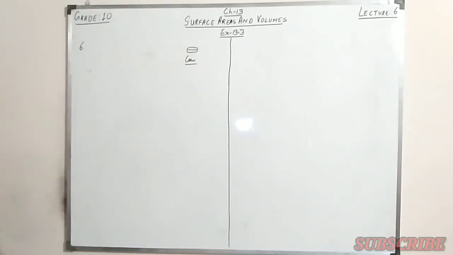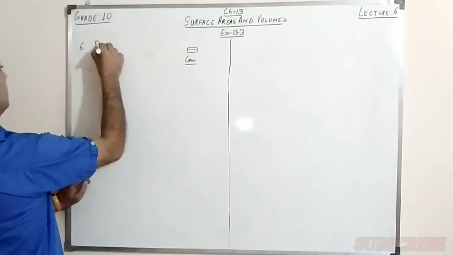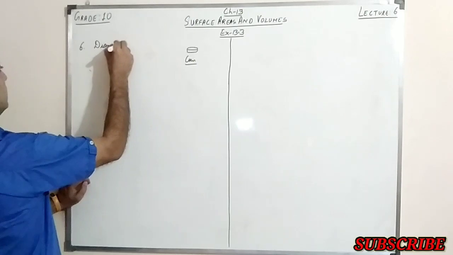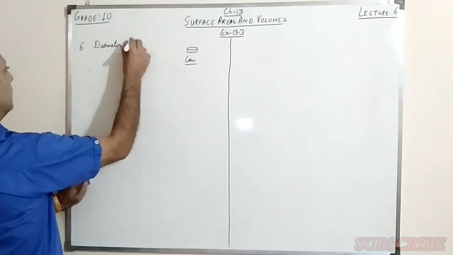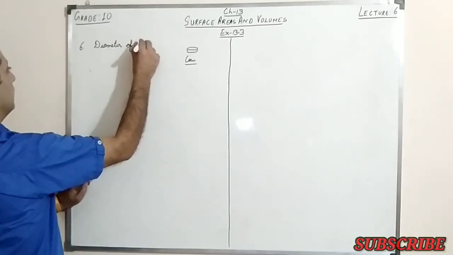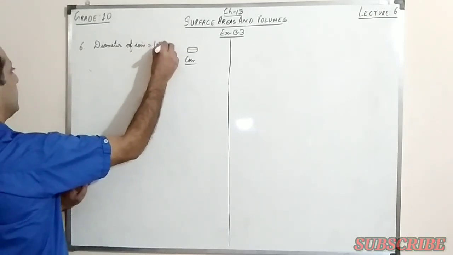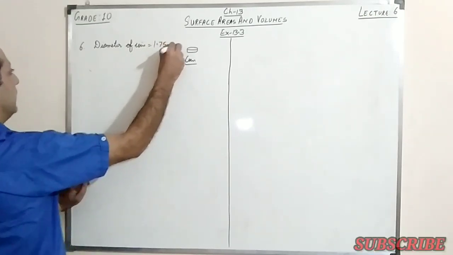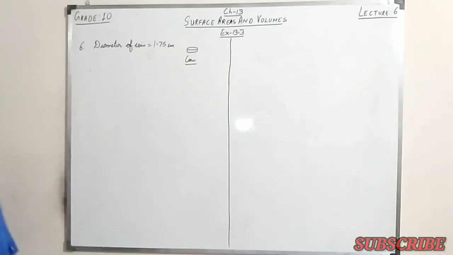Right? Now what is given? That the diameter of the coin is 1.75 centimeter. Right?